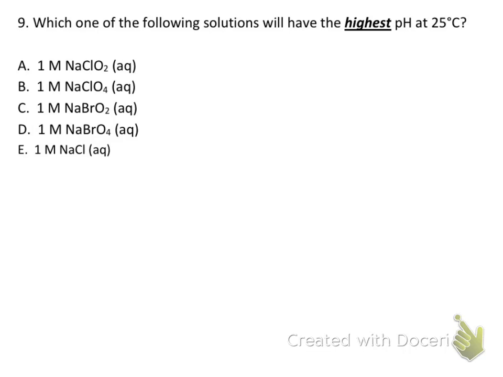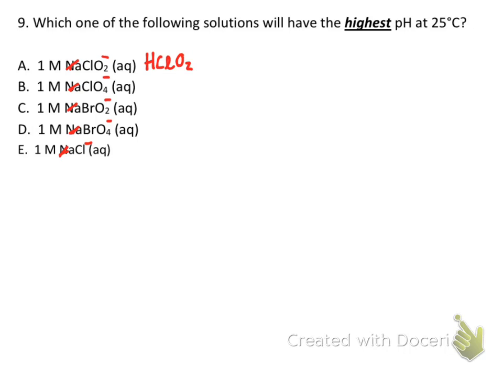So it's oftentimes easiest to think about the strength of the conjugate acids here. So what I'm going to do is consider the conjugate acids of each of these bases. And what we're going to do is come up with the conjugate acids of these 5 different anions.